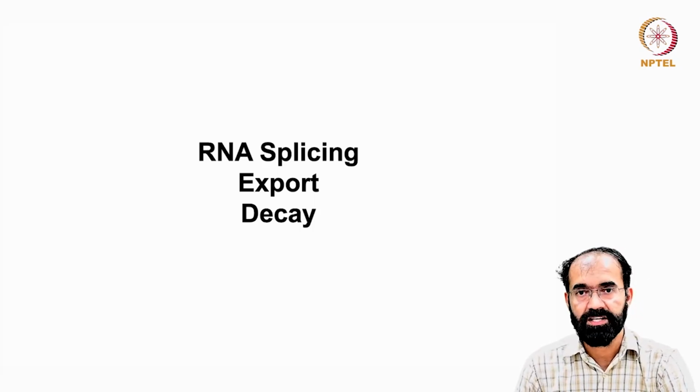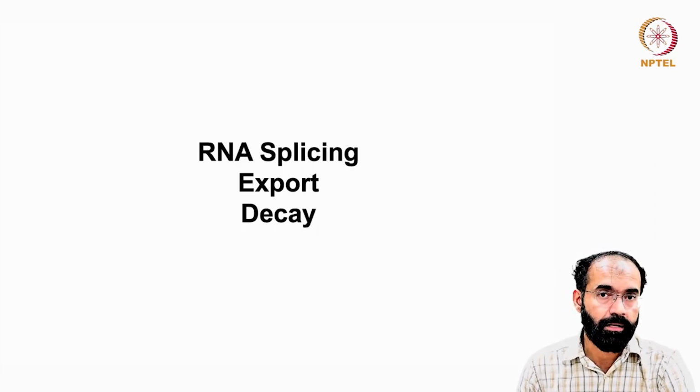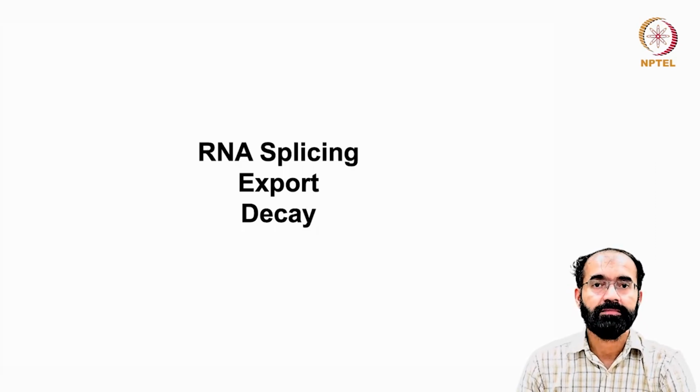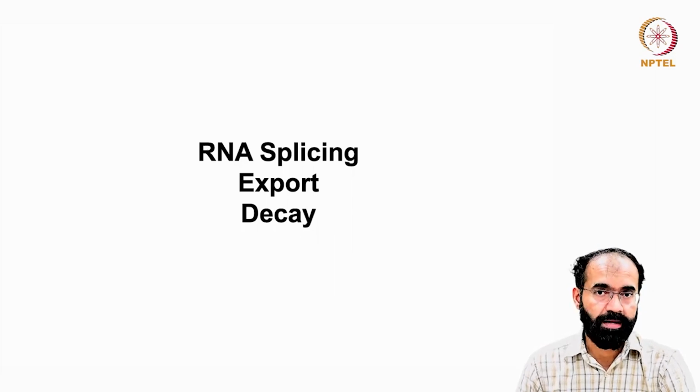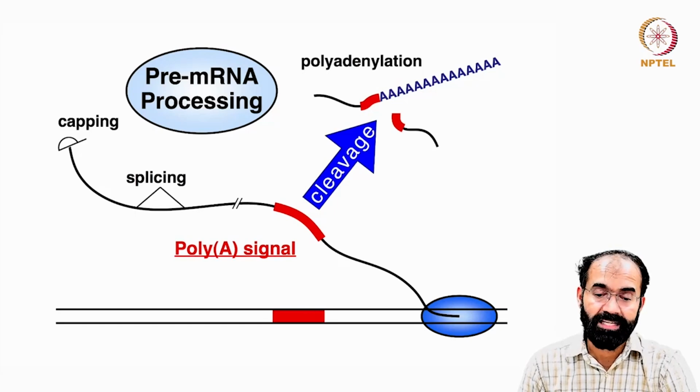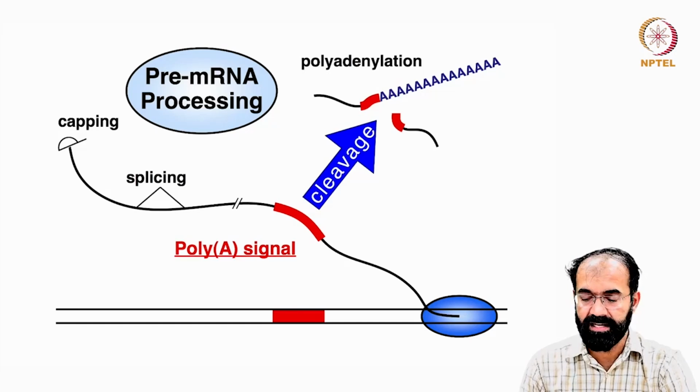So don't think that some topics are being repeated; they are intentionally put in, but I have tried my best to avoid the feeling of repetition. So we know pre-mRNA processing has capping, splicing, poly A signal, cleavage and polyadenylation, etc.